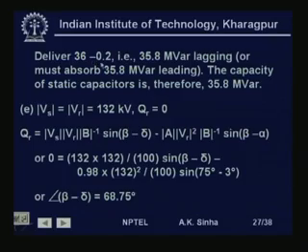So, the static equipment must deliver 36 minus 0.2, that is 35.8 megavar lagging, or we can say it must absorb 35.8 megavar leading. That means the static compensation has to be capacitive to provide this much. The capacity of the static capacitor is therefore 35.8 megavar.